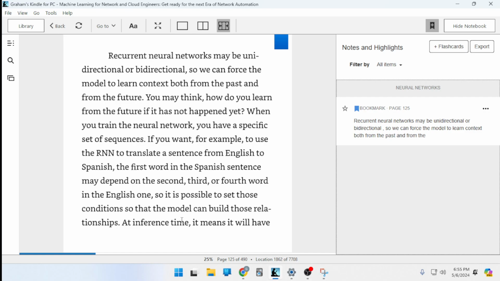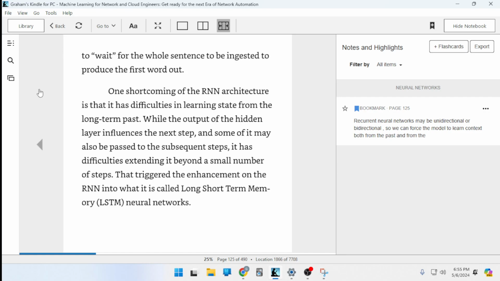At inference time, it means it will have to wait for the whole sentence to be ingested to produce the first word out. One shortcoming of the RNN architecture is that it has difficulties in learning state from the long-term past.